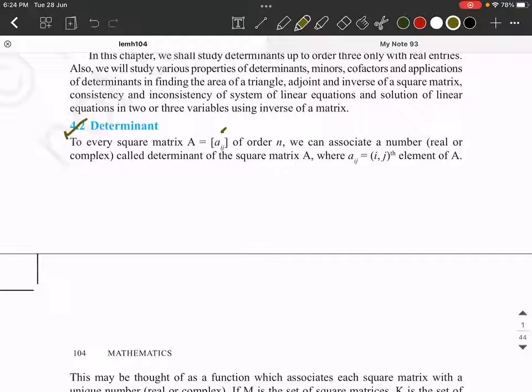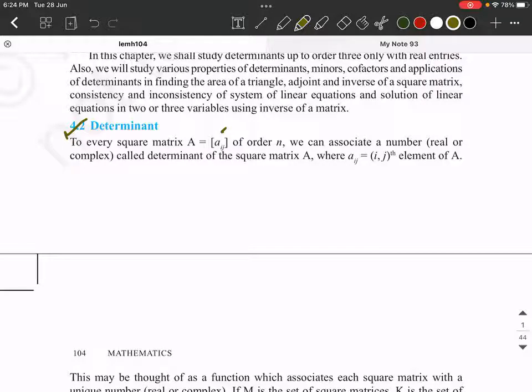We can associate a number, which can be real or complex, called the determinant of the matrix A. Determinant of square matrix A, where aij is what generally? Small a is the name of the element, i represents the row and j represents the column number. So it represents the ith and jth element of the matrix A.